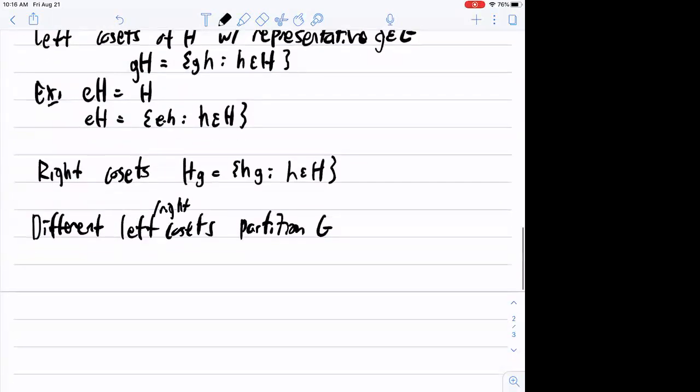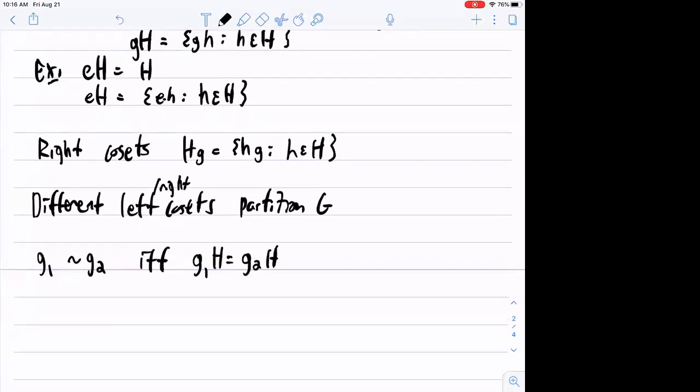So what we're going to do is say g1 is equivalent to g2 if and only if. Remember, an equivalence relation partitions your set, right? So all you have to do is show it's an equivalence relation. I'll just do left; you could do the same proof for right. It's exactly the same.